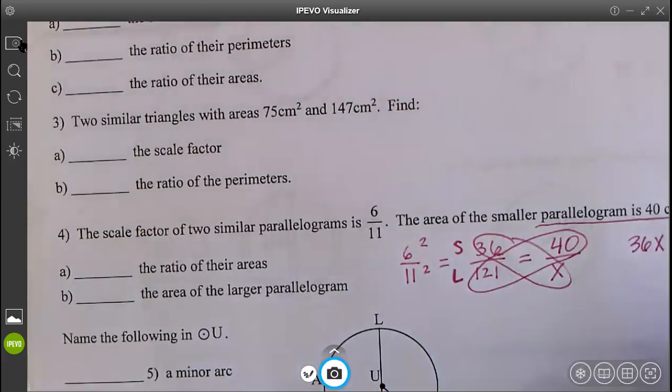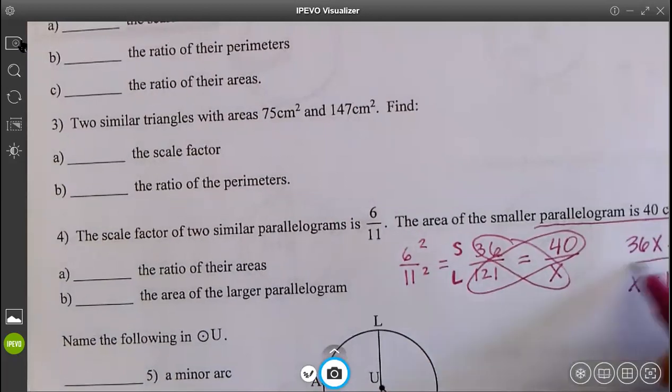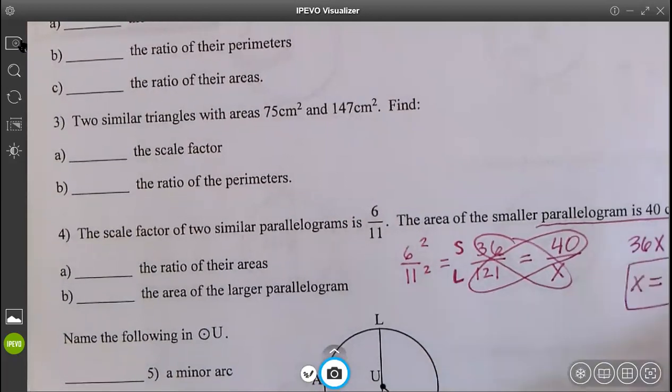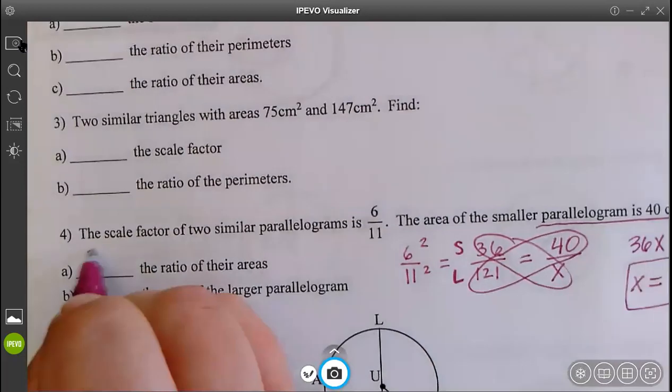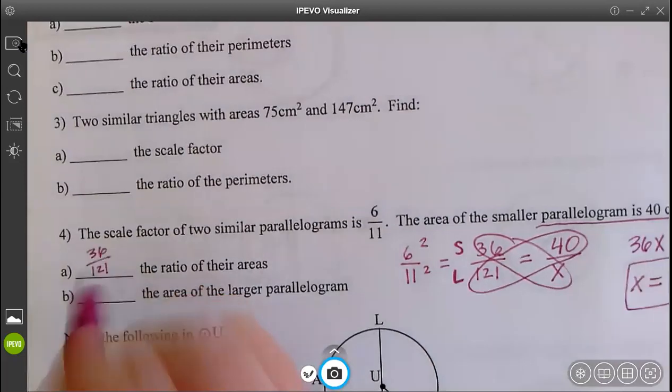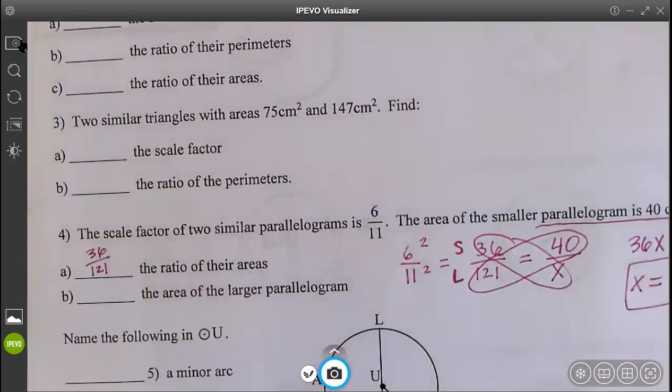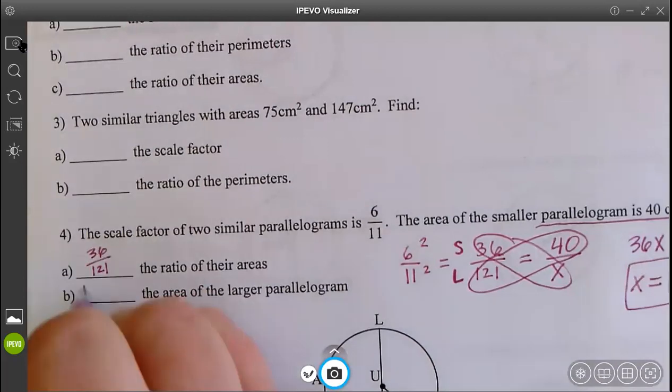So x equals 134.4 centimeters squared. So the ratio would be 36/121, and the area of the larger is going to be 134.4.